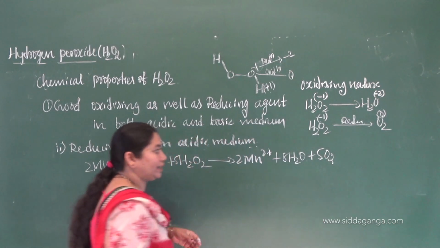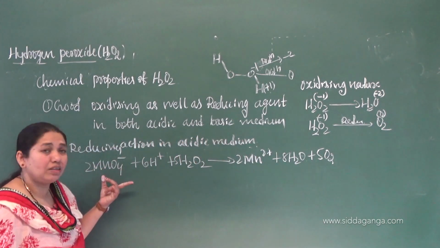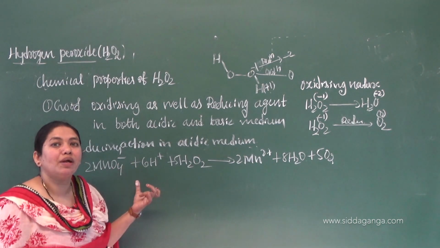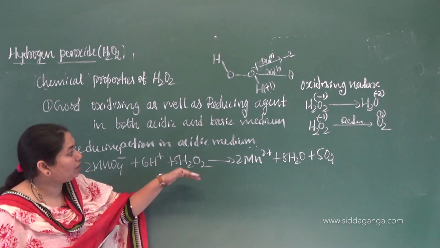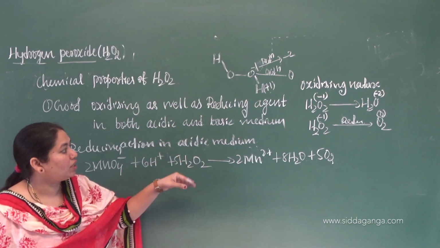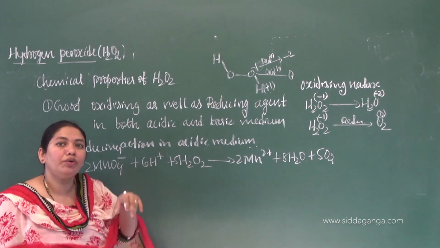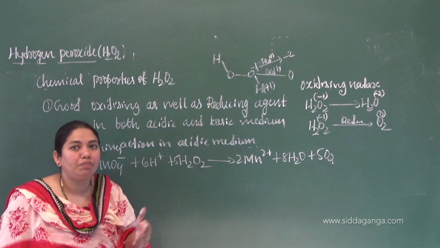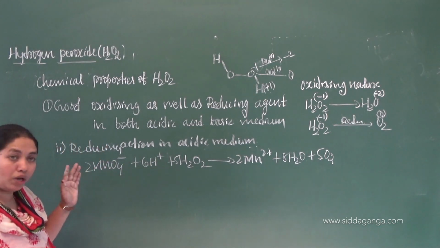We are showing the reducing nature of hydrogen peroxide in the acidic medium. I am discussing the oxidizing and reducing action in the acidic medium; then I am going to discuss oxidizing and reducing in the basic medium. Right? So we are discussing only the acidic medium.